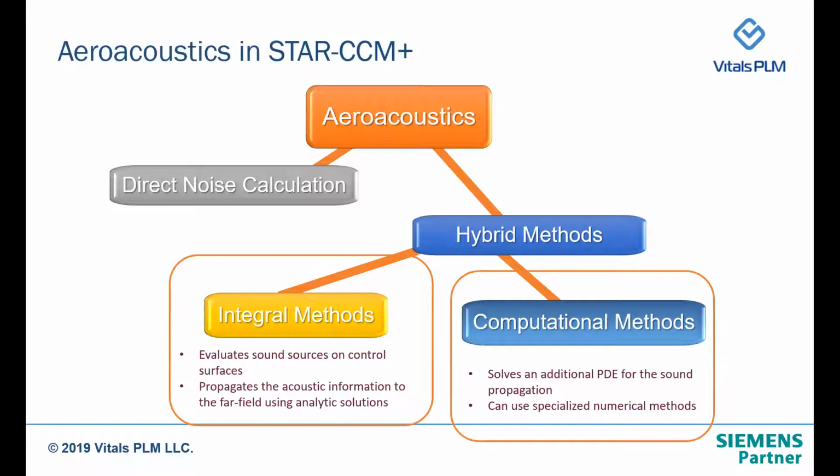We will see what is meant by the control surface, and it propagates the acoustic information to the far field using some analytical solutions. On the other side, computational methods solve an additional PDE called the acoustic perturbation equation for the sound propagation using some specialized numerical methods.